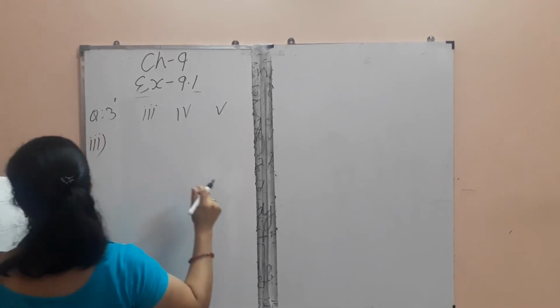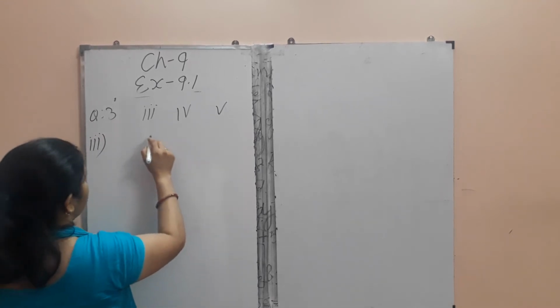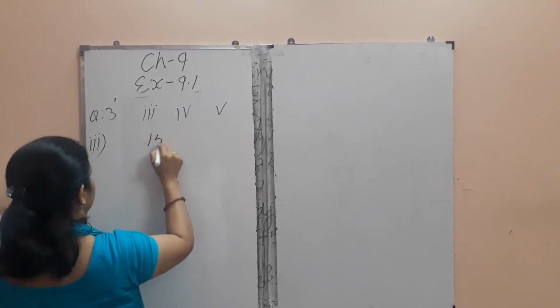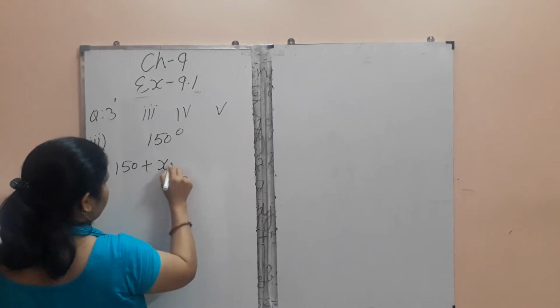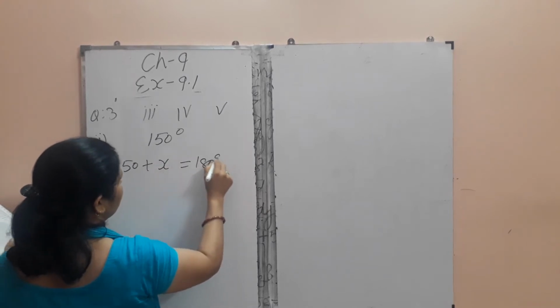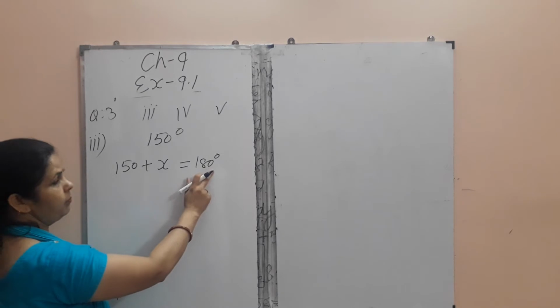Just like the complement, we will find the supplement also. The third part is 150 degrees. So 150 degrees plus its supplement equals 180 degrees, since two angles should form 180 degrees.